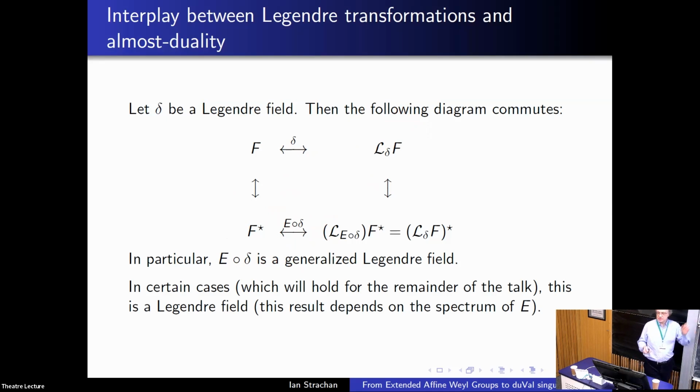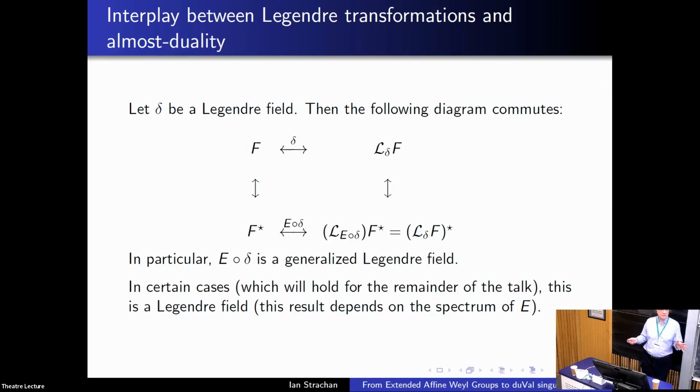You can track everything back. You can work out what the covariant derivative is of this twisted Legendre field in terms of nabla star, which in turn comes from the original connection for F. And you can work out the conditions for which this twisted Legendre field is actually a Legendre field.